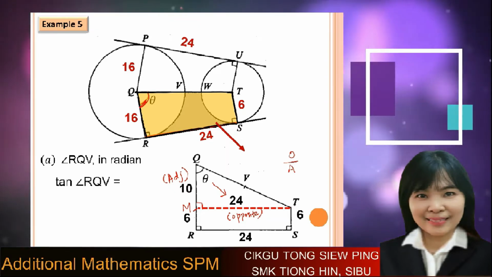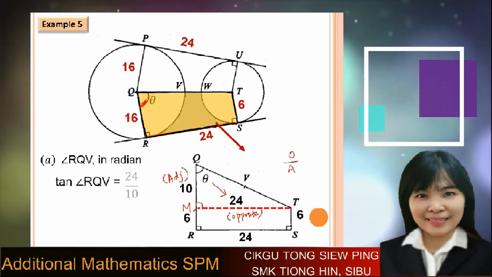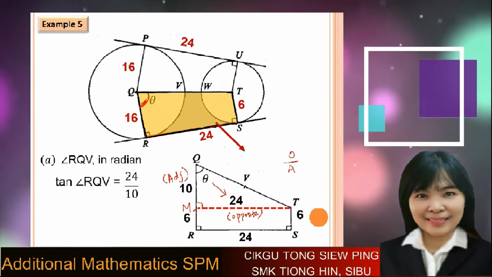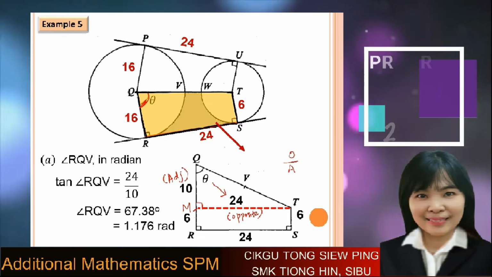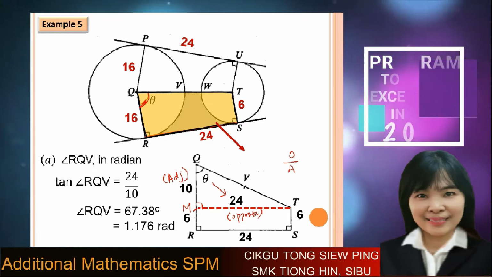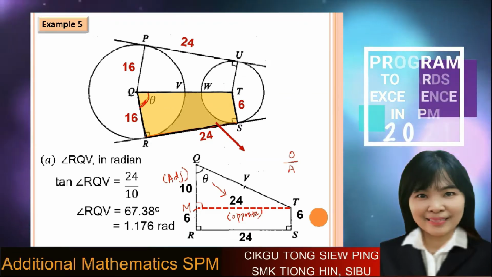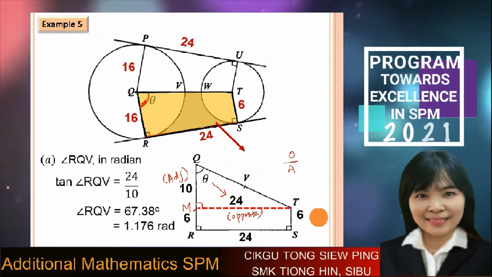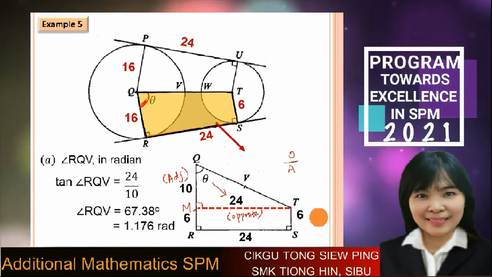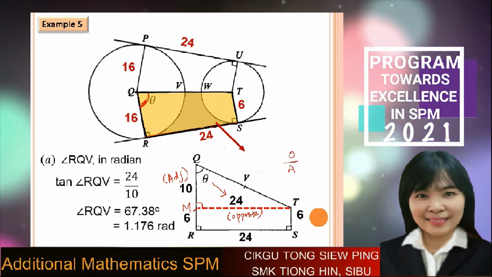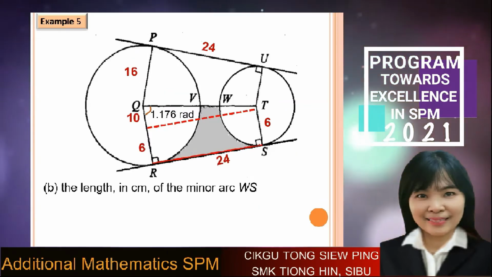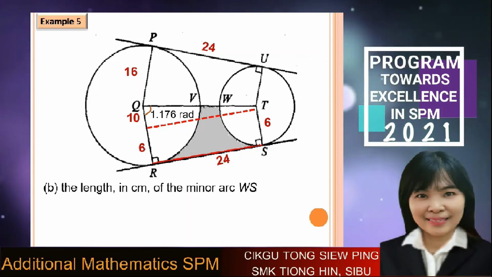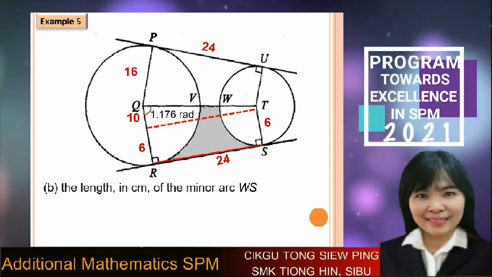Tangent of angle RQV is equal to 24 over 10. Then get from your calculator, shift tangent 24 over 10, you get 67.38 degrees. Convert it to radians, it is 1.176 rad.